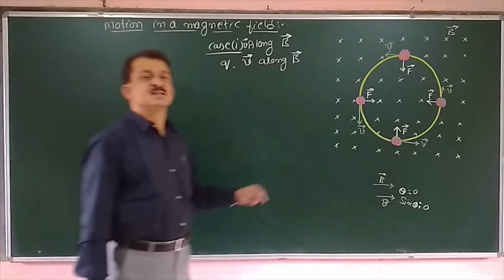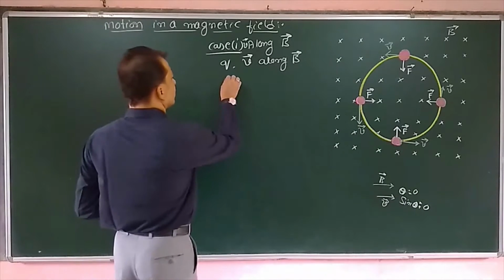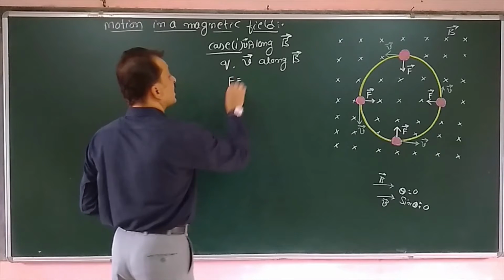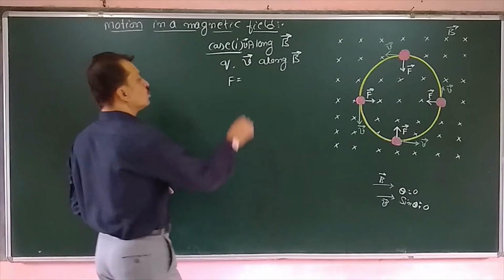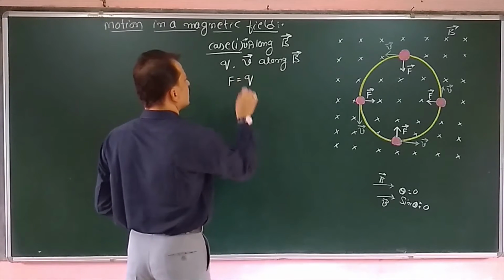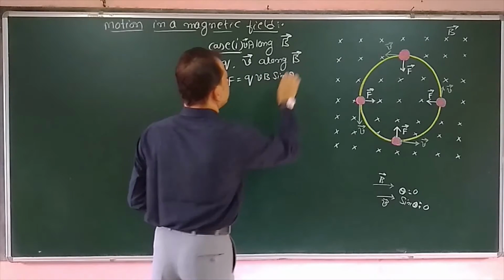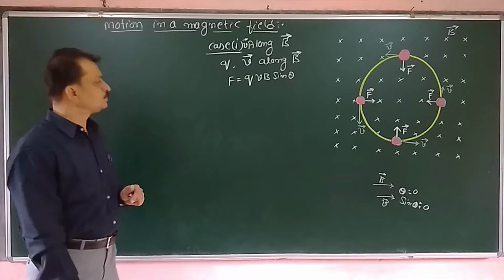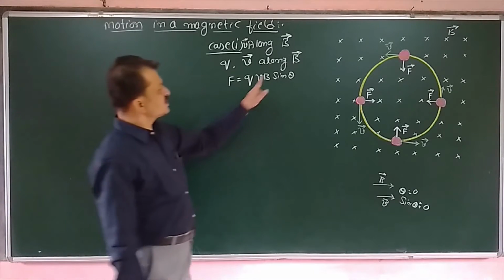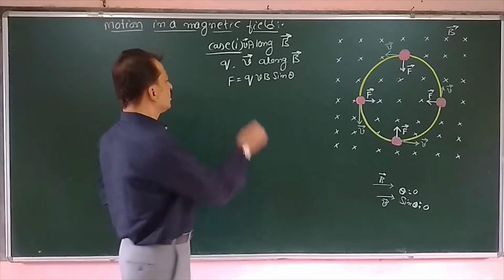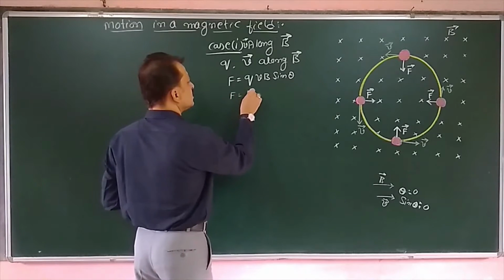Sine 0 becomes 0. So the expression for the magnitude of the magnetic force experienced by the charged particle is QVB sine theta. We are only considering the magnitude. Since theta is 0, the force becomes 0.